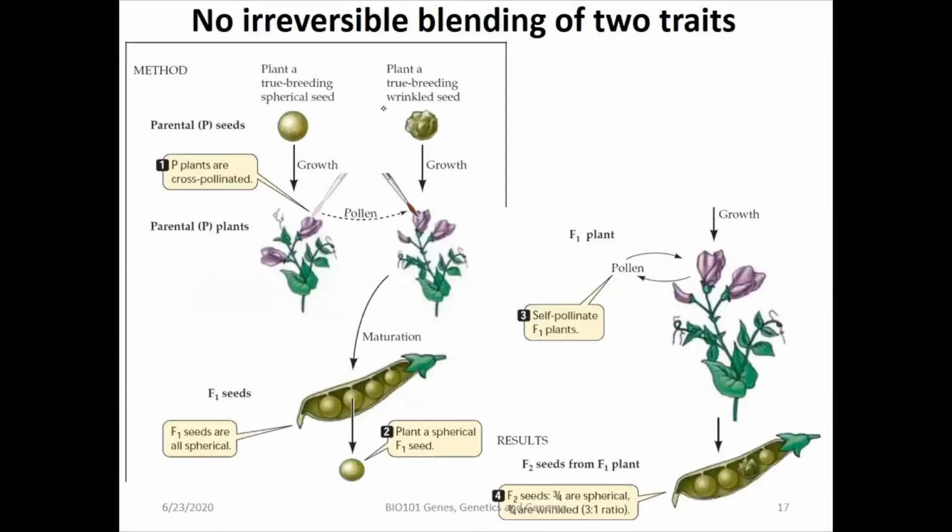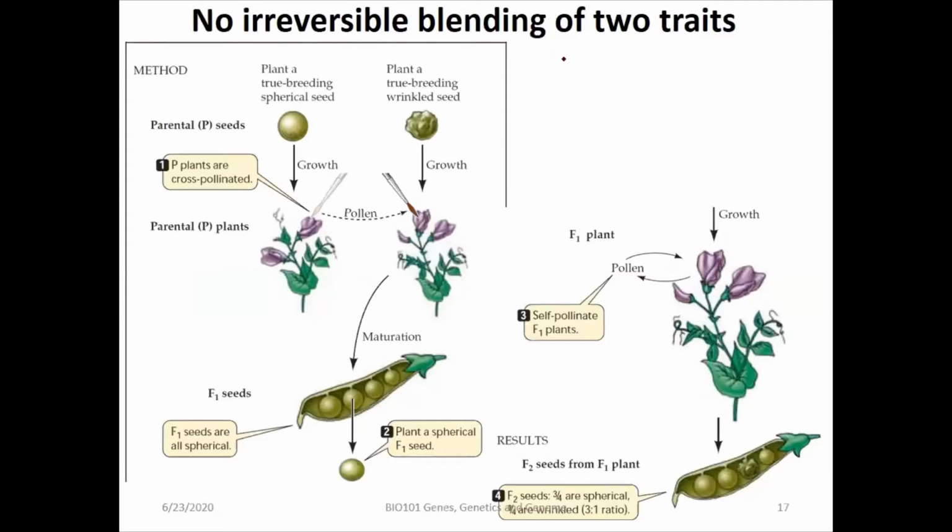Before we move on, another very important discovery Mendel made on the basis of his experiments was that there is no blending. Why are we coming up with blending here?